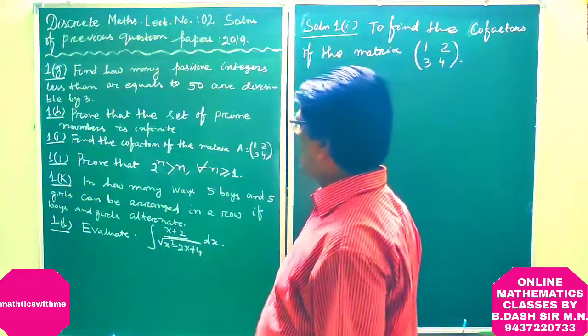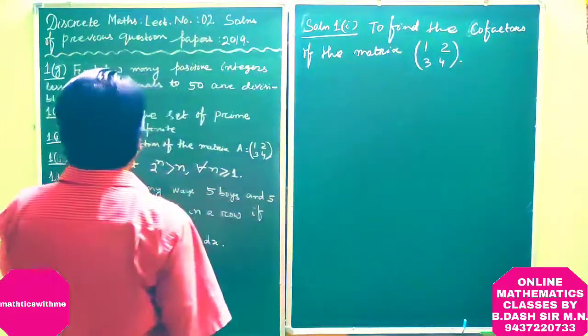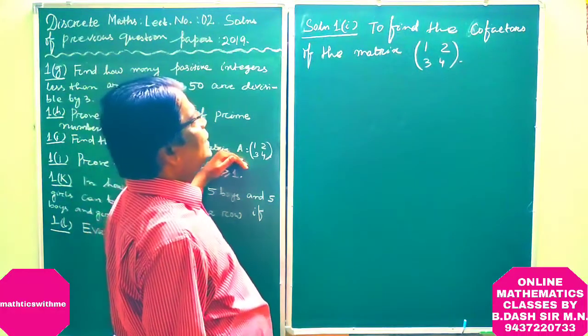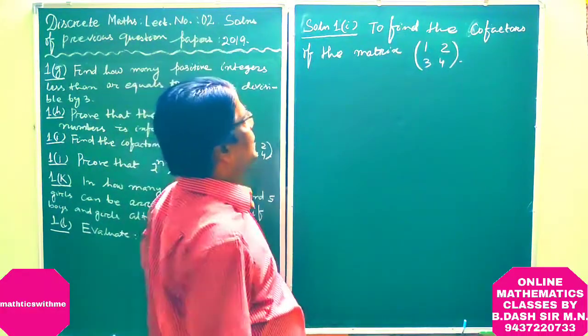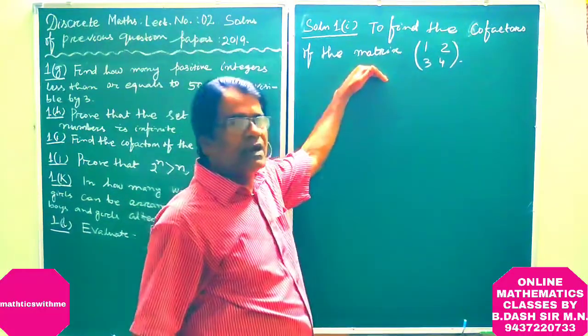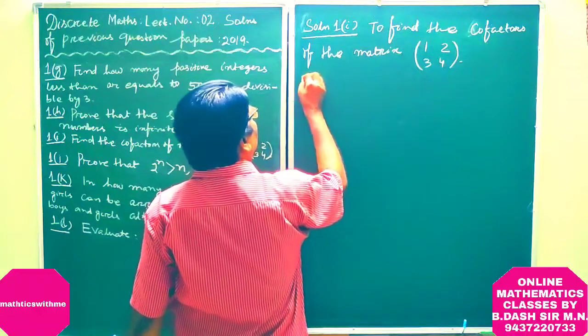Question number 1I. Find the cofactors of the matrix A, which is 1, 2, 3, 4. So we have to find the cofactors of the matrix 1, 2, 3, 4.